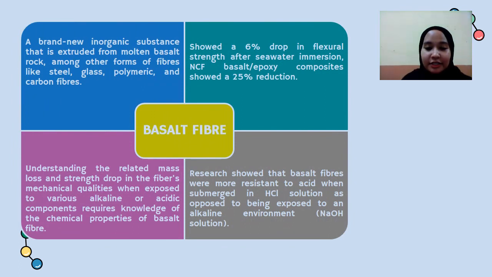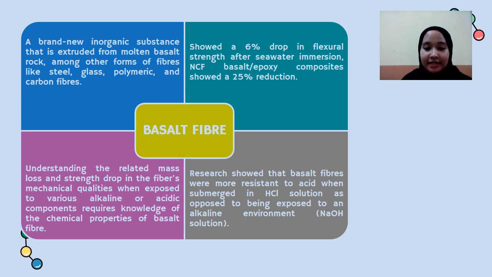Next, I will continue with basalt fiber. It is an inorganic substance that is extruded from molten basalt rock, among other forms of fibers like steel, glass, polymeric, and carbon fibers. It shows a 6% drop in flexural strength after seawater immersion, and CF basalt epoxy composite showed a 25% reduction.